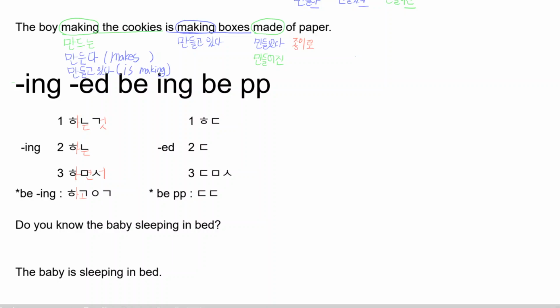Being can be translated like this: 하고 있다. Right? So 하는 것 should be green, 하는 should be green because it doesn't end with 다, and 하면서 is green. But 하고 있다 is blue.